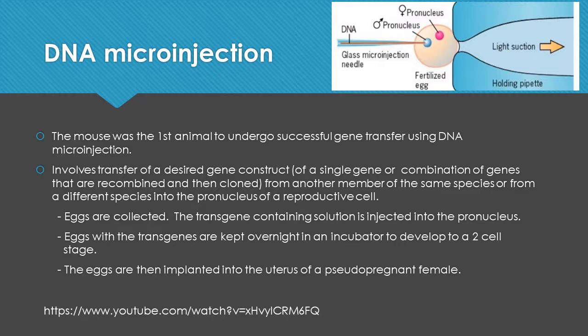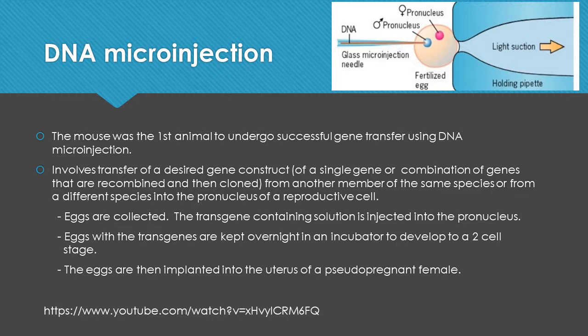The gene construct then will be transferred into a pronucleus of a reproductive cell. For the flow of the method, first the egg cells or reproductive cells are collected. Then the transgene is injected into the pronucleus of the egg cell.